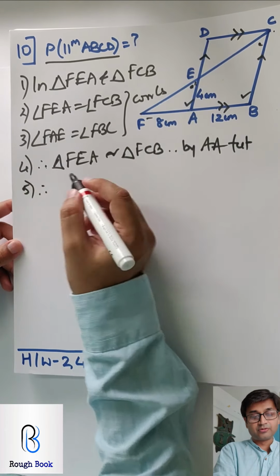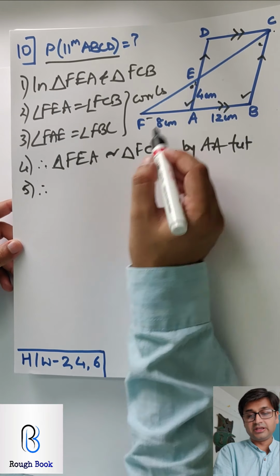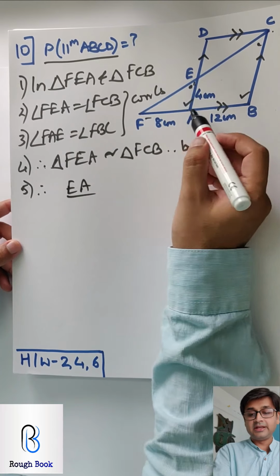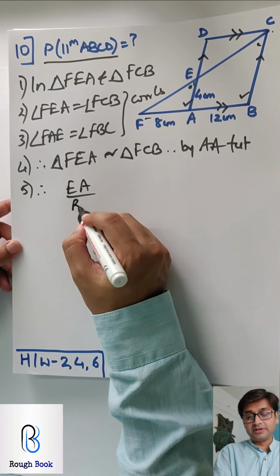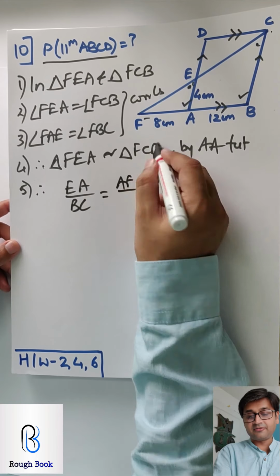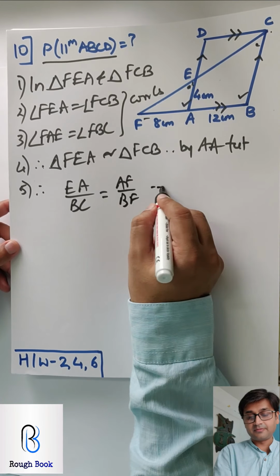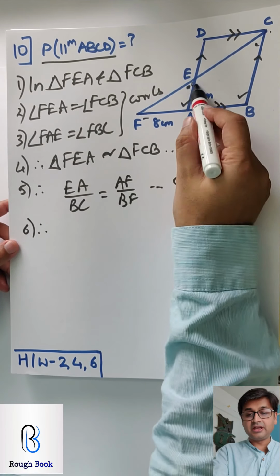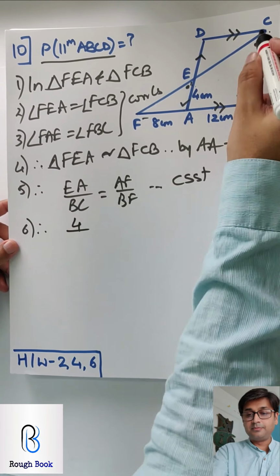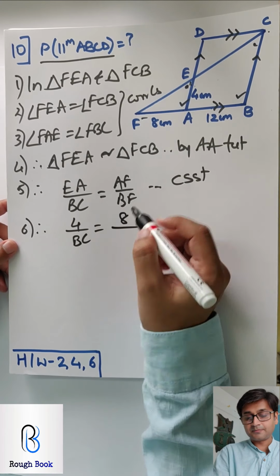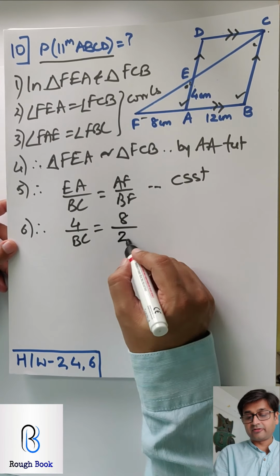Once you prove your triangles similar, directly come to EA. Don't take FE because you don't have values, so don't waste your time. EA, that is this, upon BC equals, first and last, AF upon BF, CSST. So therefore EA is 4, BC unknown, AF 8 and BF 8 plus 12, 20.